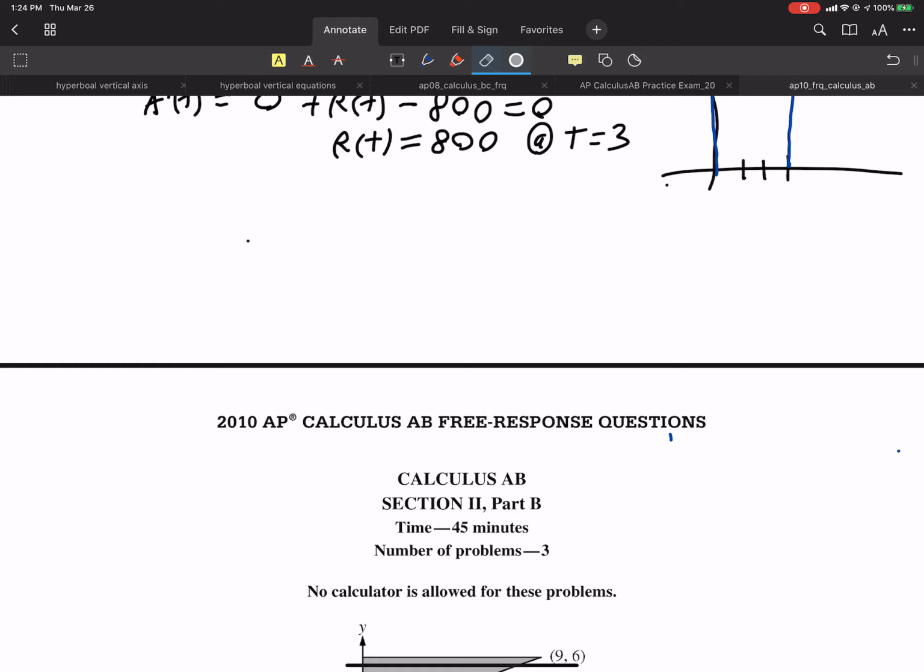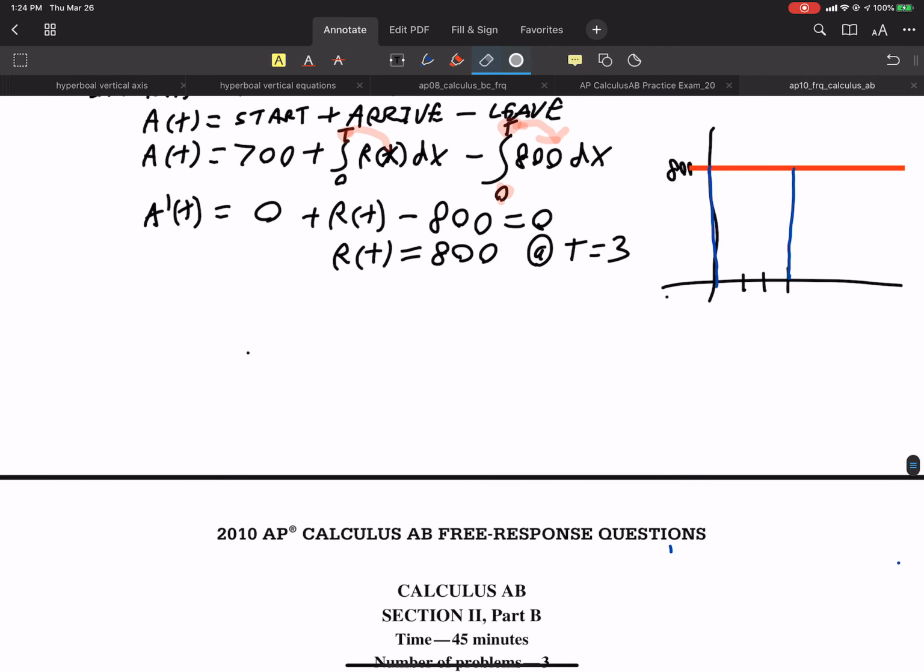So we realize there's only one critical point at 3. And what we're going to do now is do a sign chart for that. So we're going to put a number left of 3 and right of 3. And I want to find if the derivative changes signs.